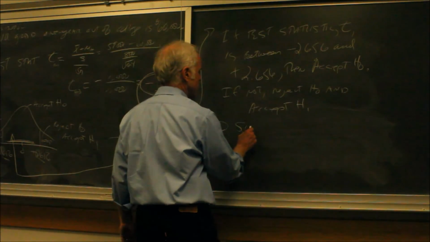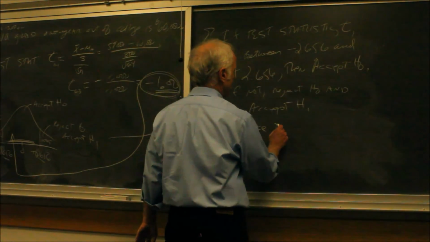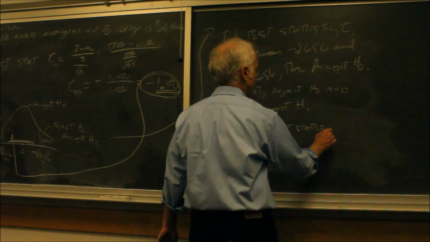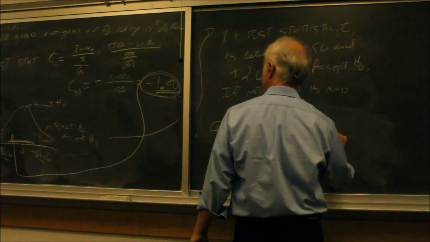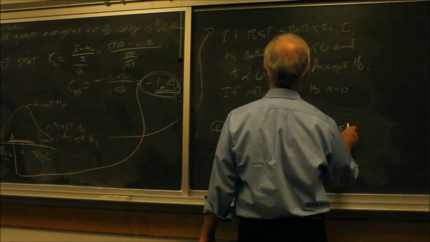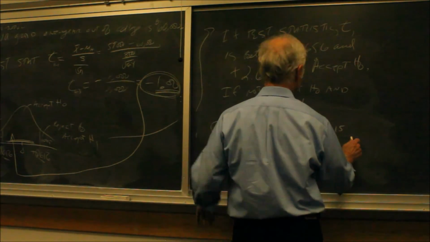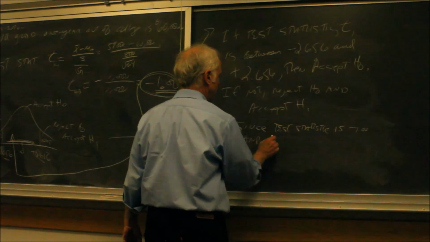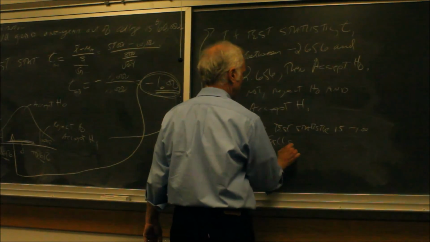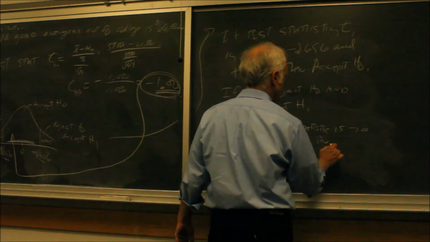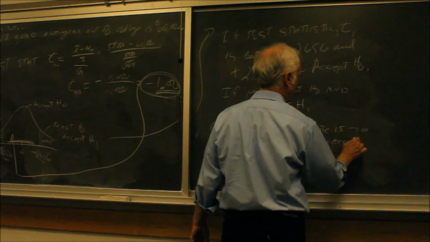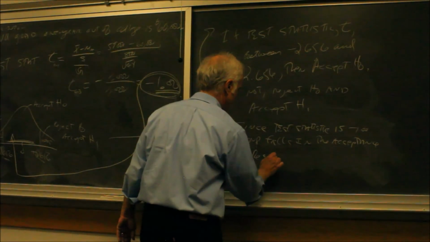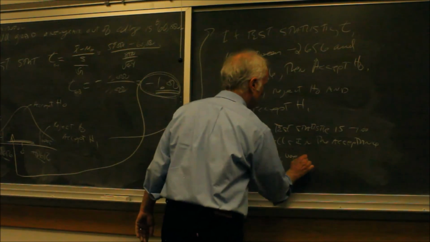So since the test statistic is minus 1 and falls in the acceptance region, we accept H0.